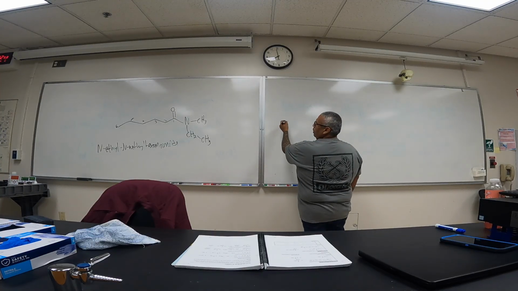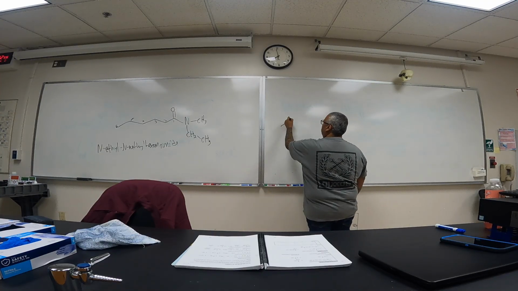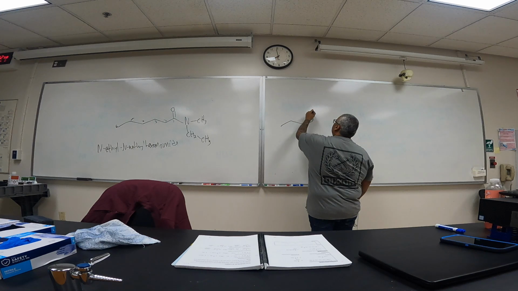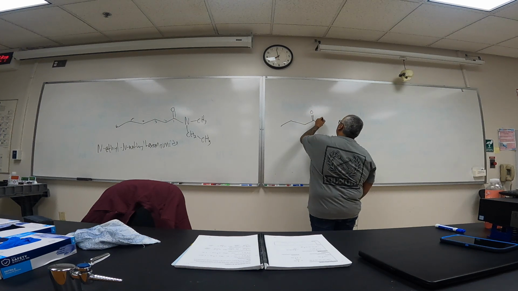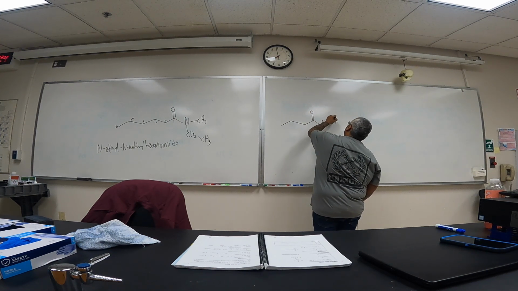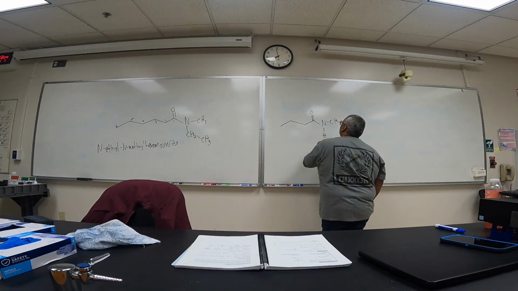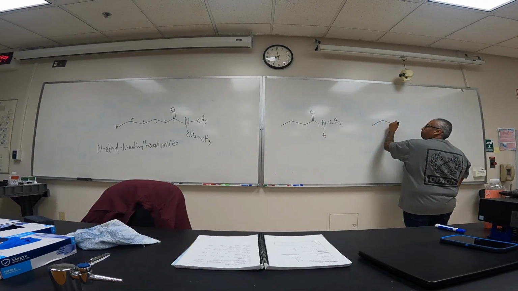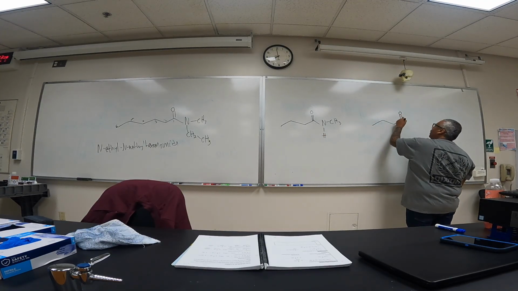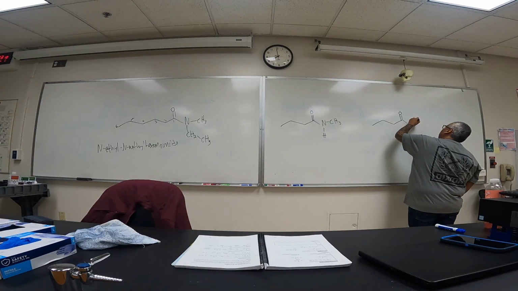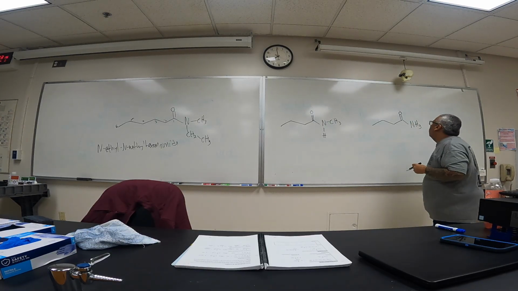I'm going to draw 2 structures here. We're not going to necessarily need to name them, but we do need to classify them as primary, secondary, and tertiary. Right?